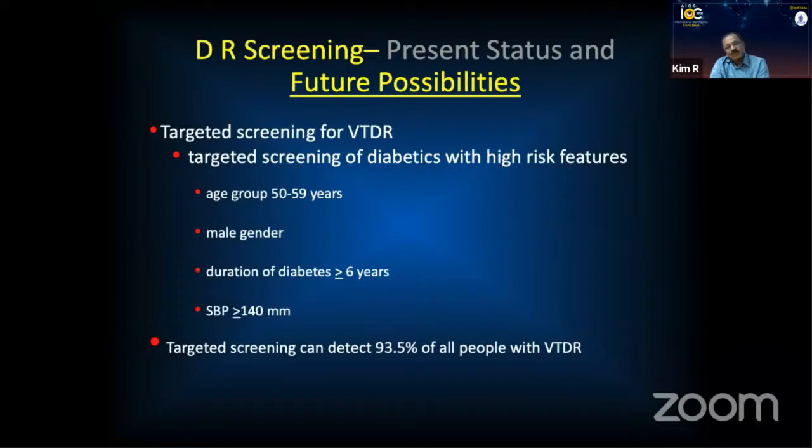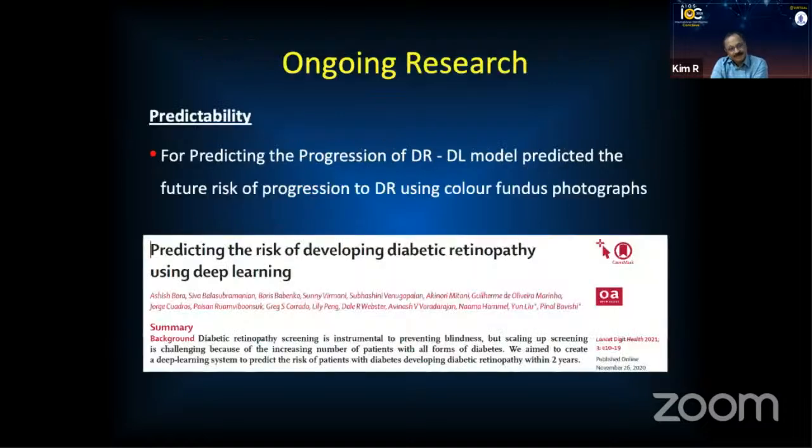So we showed that if you could do some more research on this to identify this high-risk target population, focused screening of these patients could lead to a lot of results in identifying patients who are prone to losing their vision.